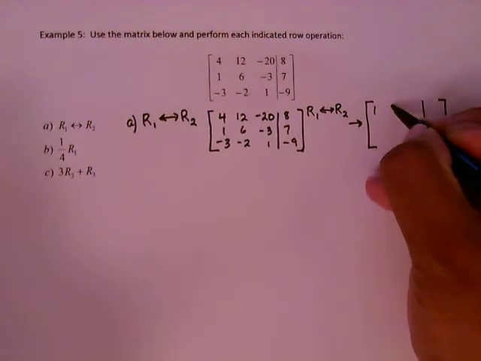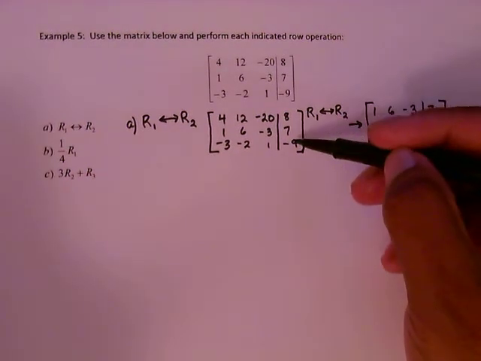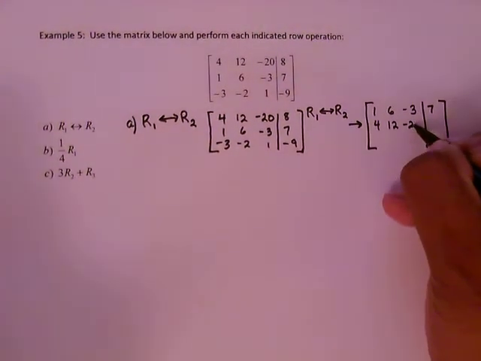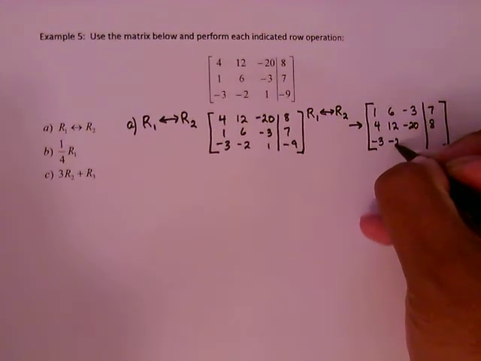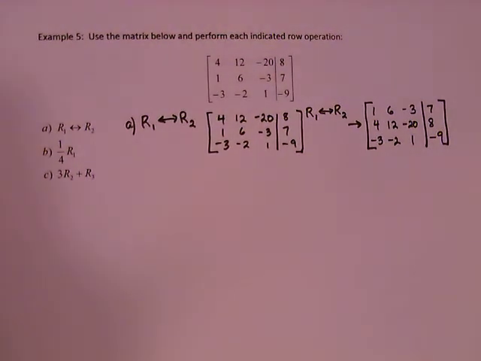This is going to be 1, 6, negative 3, and 7 in the first row. And then row 1 becomes row 2, so this will be 4, 12, negative 20, and 8. The third row I'm going to copy over; that stays the same. So this is our new matrix after interchanging row 1 and row 2. That is part A.